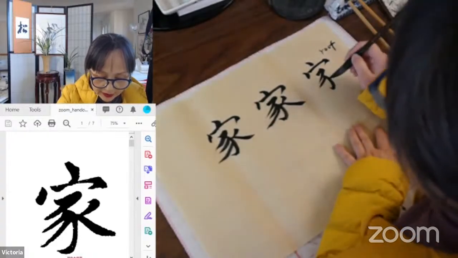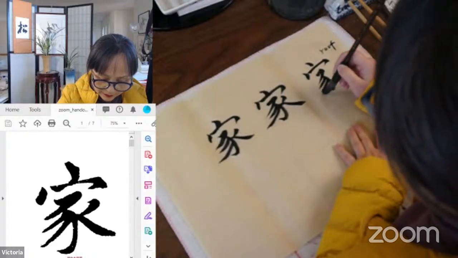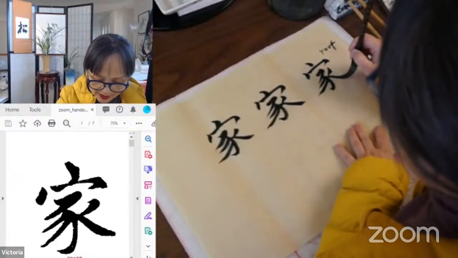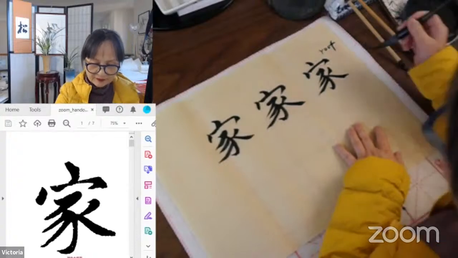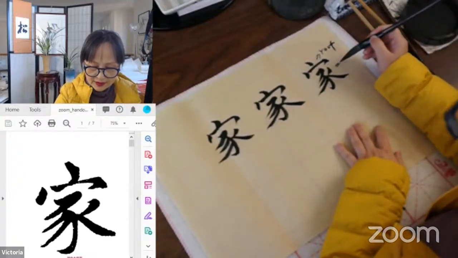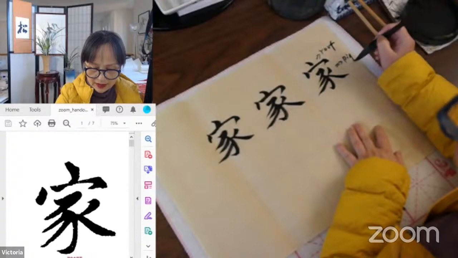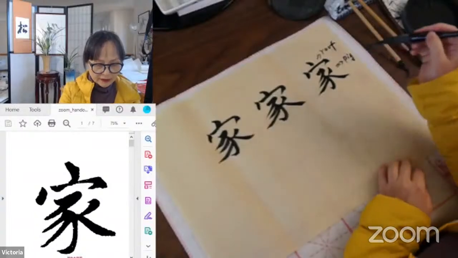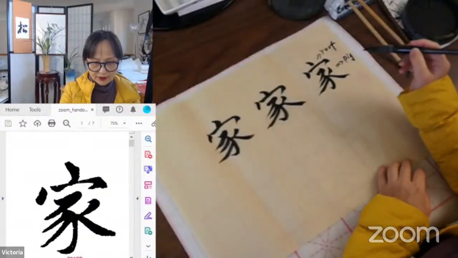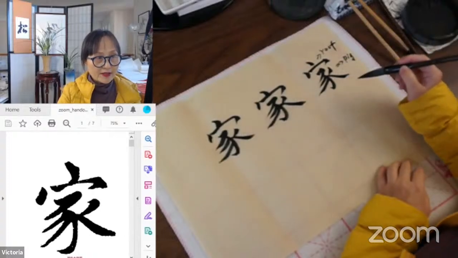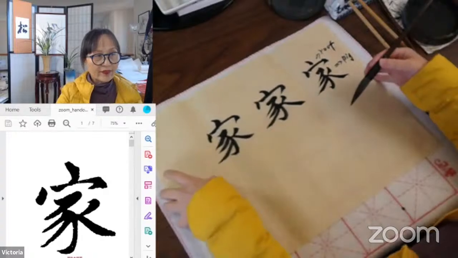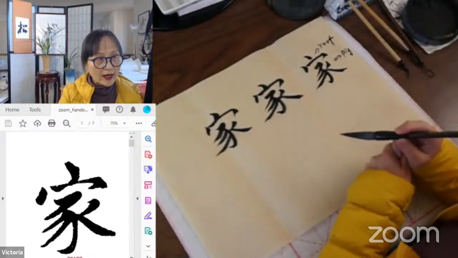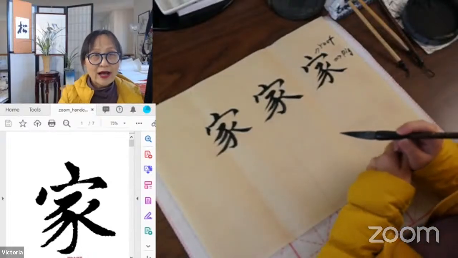Yes. As before, this character is specifically pig. This is a roof, and this is a pig. People know it's not very common to use this as a single character for pig, but these days it's used as the radical for animal. We call it the animal radical.